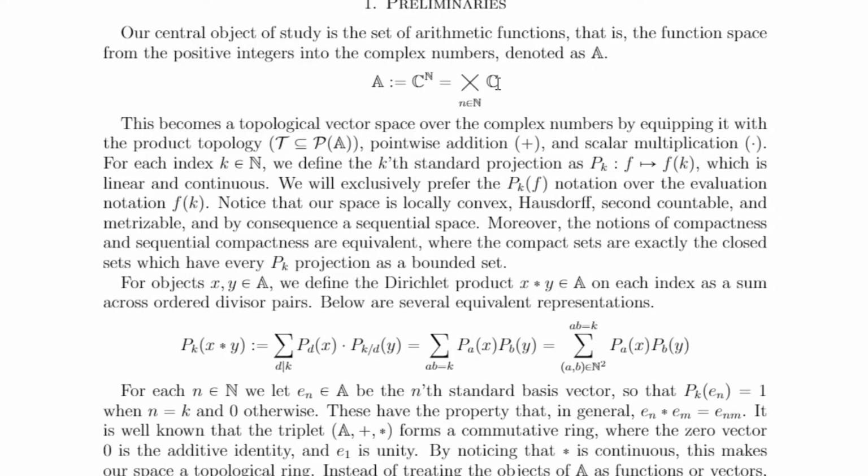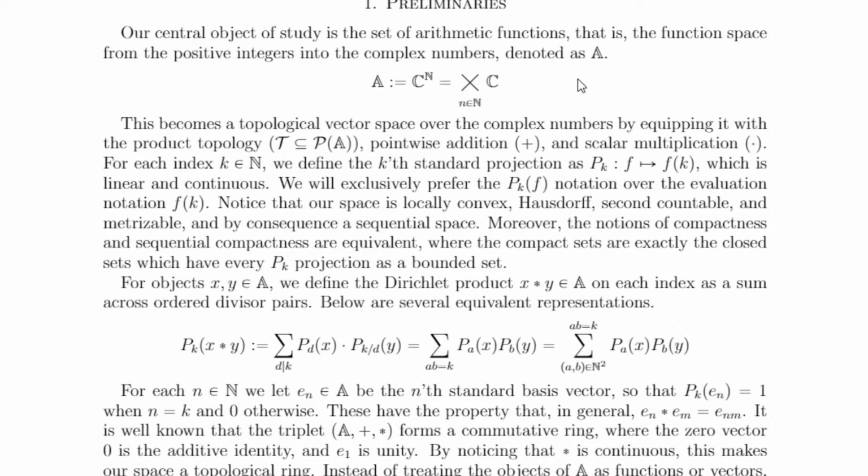What that means is if we have a sequence of objects in our arithmetic function space, we can take a limit of these in the same way that you would take a limit of functions. When you think of them as functions, where the domain is the natural numbers, the limit is pointwise. So it's the topology of pointwise convergence. We'll get more into that as we go along.